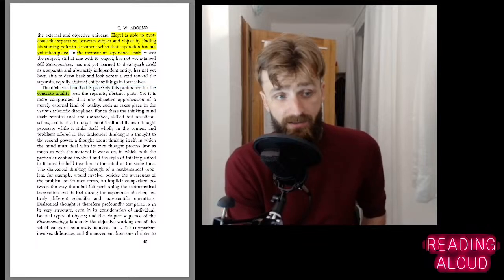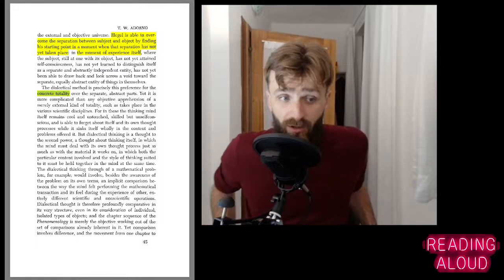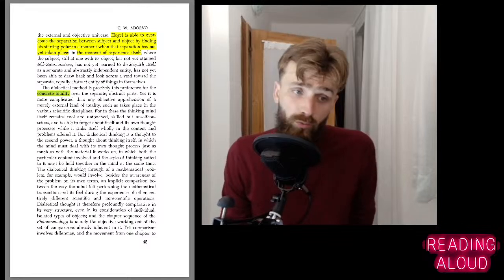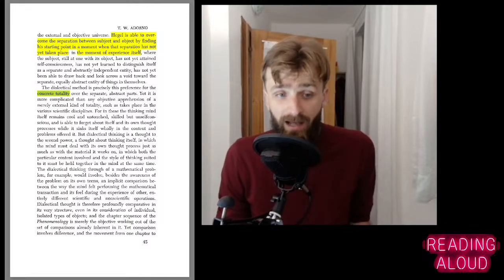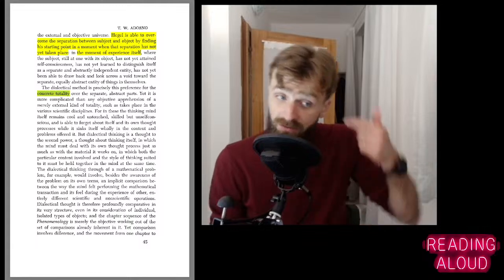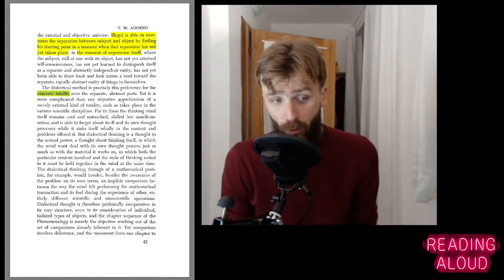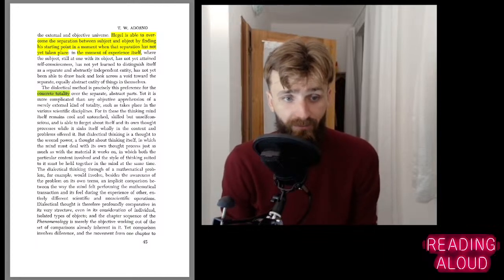The dialectical method is precisely this preference for the concrete totality over the separate, abstract parts. Yet it is more complicated than any objective apprehension of a merely external kind of totality, such as takes place in the various scientific disciplines. For in these, the thinking mind itself remains cool and untouched, skilled but unself-conscious, and is able to forget about itself and its own thought processes, while it sinks itself wholly in the content and problems offered it.